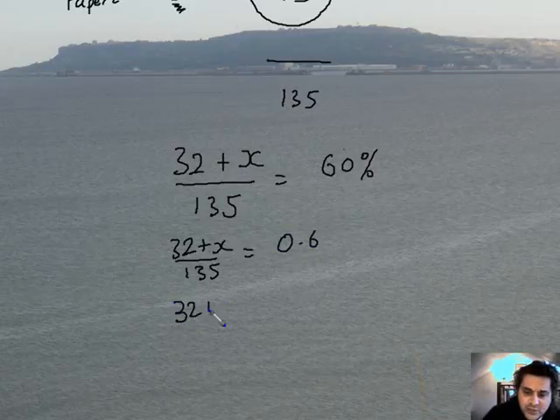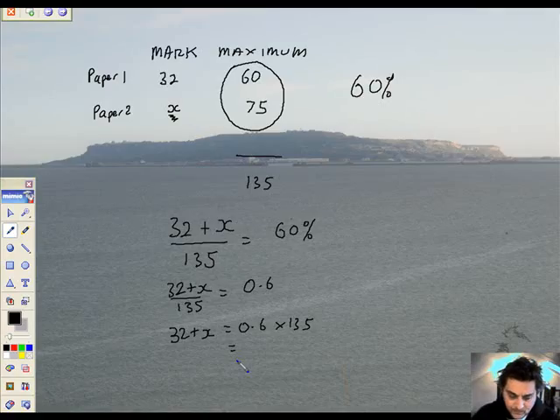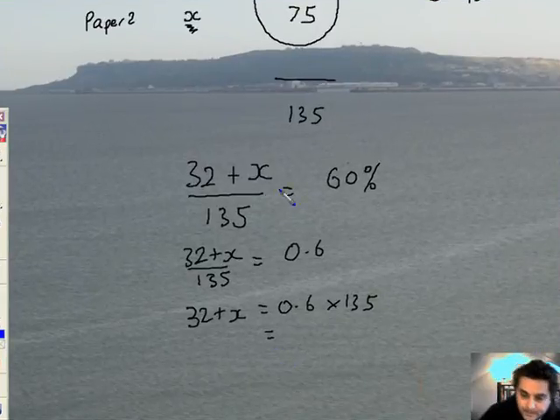So 32 plus the score for paper 2 is 0.6 multiplied by 135, and that gives us, let's take a look, 0.6 multiplied by 135 is 81.